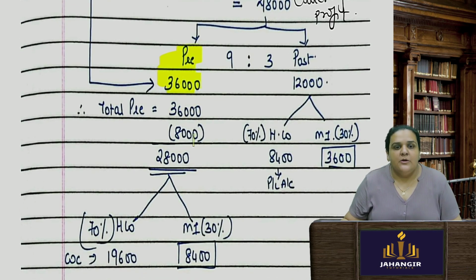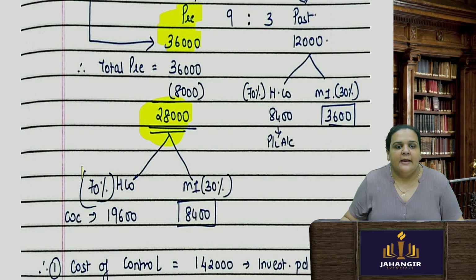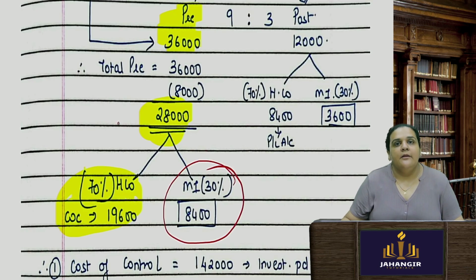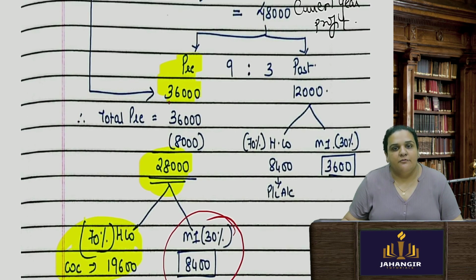So actually only 28,000 is the pre profit. That I will now divide between holding and minority, and that will go under cost of control at 70%, and minority interest will get 30% of that 28,000. Okay, 36,000 minus 8,000 of the loss.